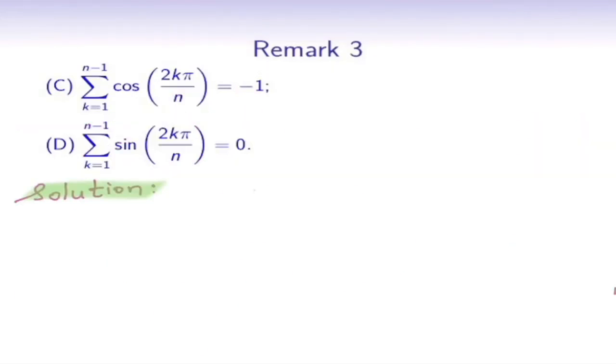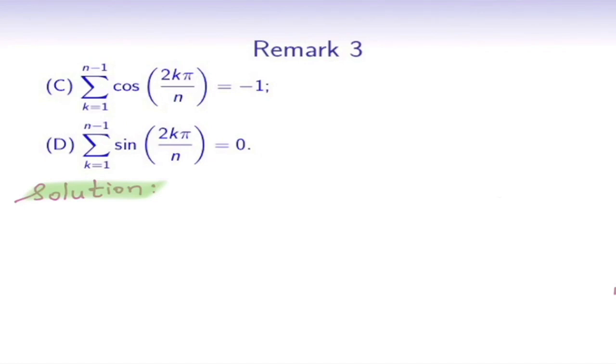Let me give a remark 3 now. In the case of n equal to 10, we have seen what is summation of cos 2k pi by 10 and what is summation sin 2k pi by 10, where summation is in the range from k equal to 1 to 9. More generally, for any positive integer n, we have similar result.